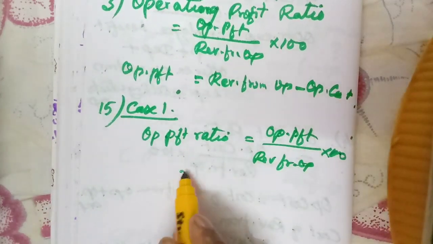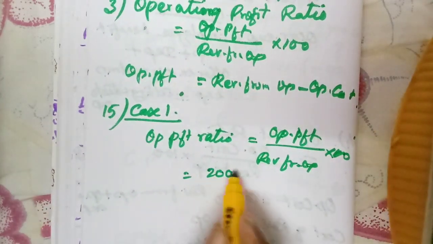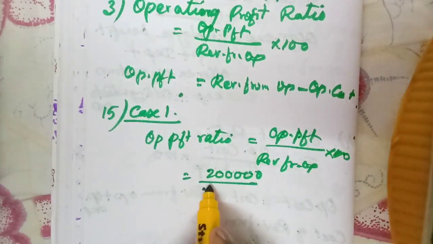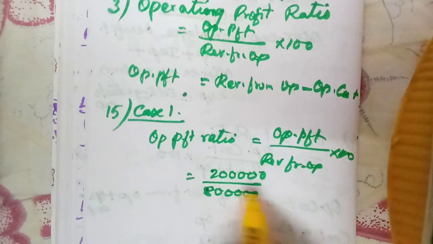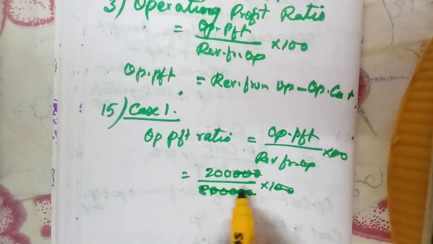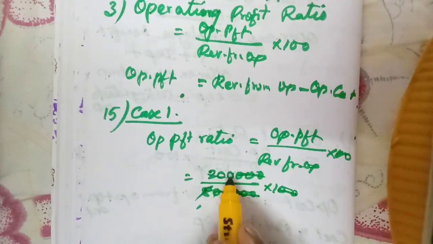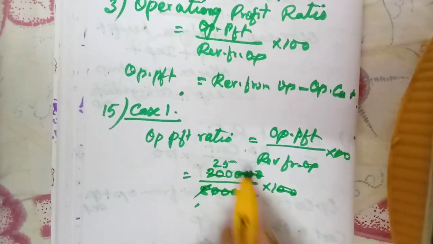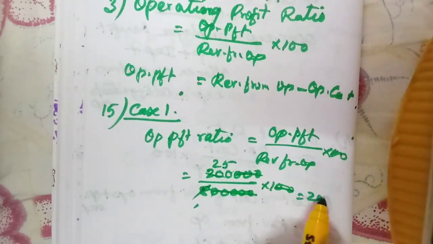Here operating profit is 2 lakh, revenue from operation 8 lakh, into 100. 8 2s are 16, balance 4, 4 5s... so the answer is 25%.